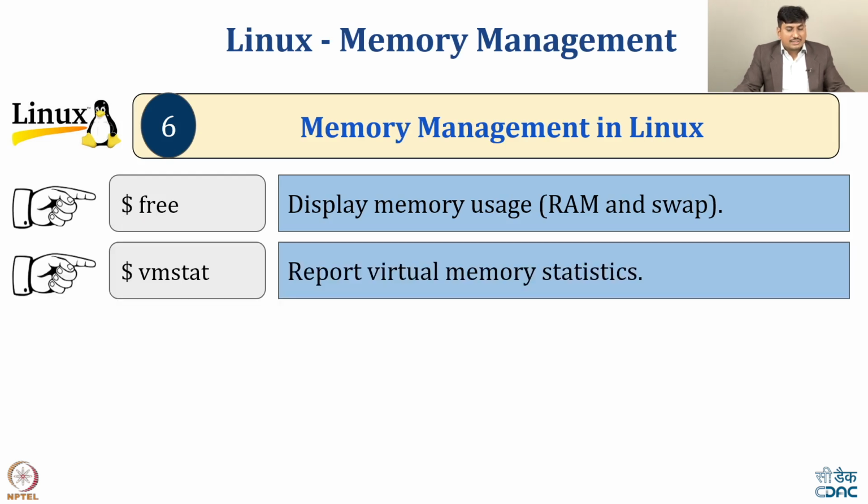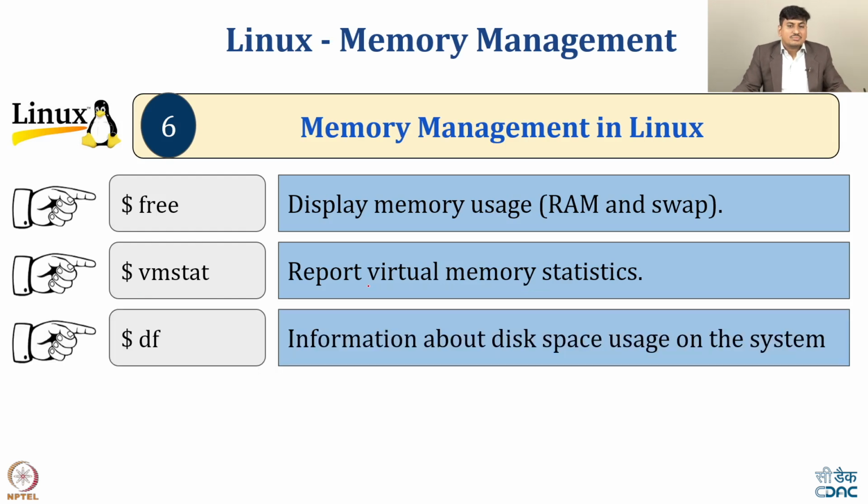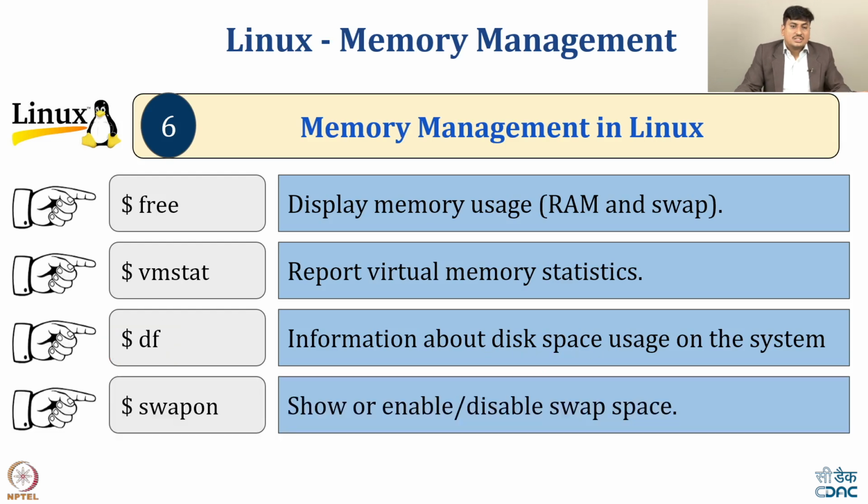Another important command to look at is vmstat. It provides information about the virtual memory statistics on that particular system. Another command, df, gives the disk space available and the disk usage on that system.